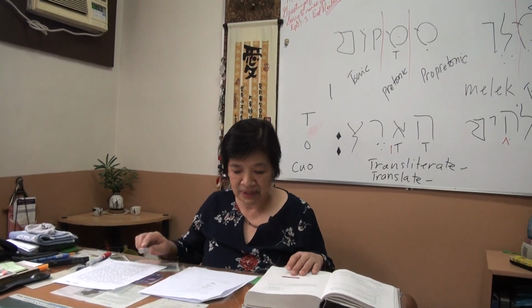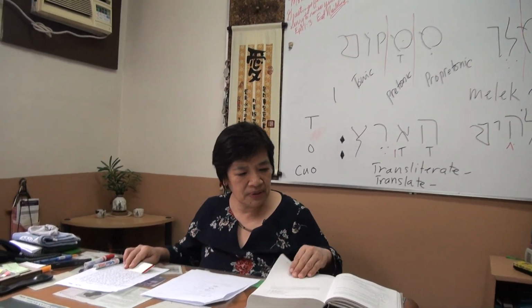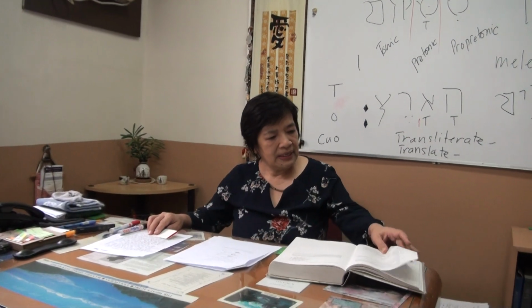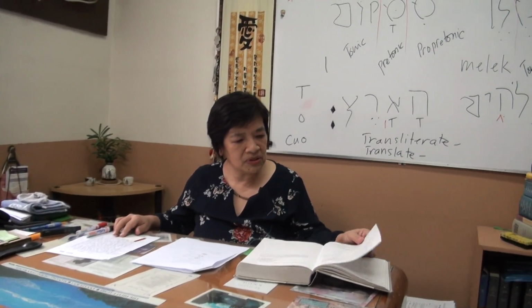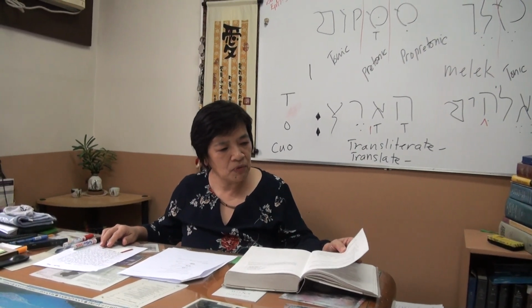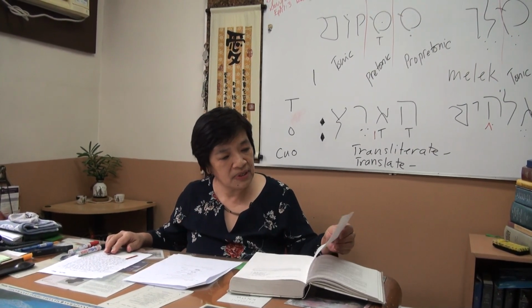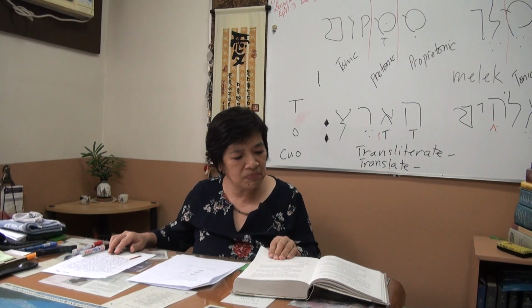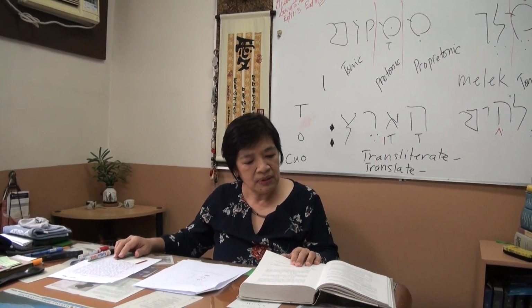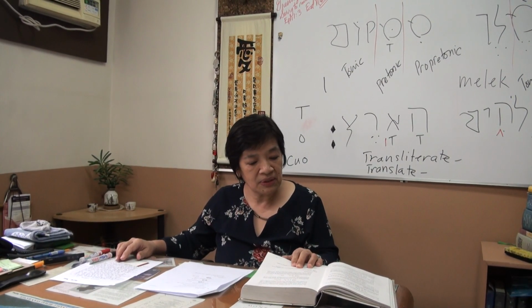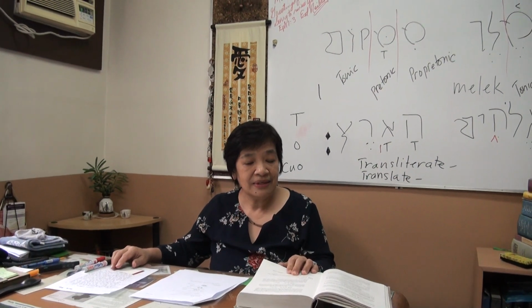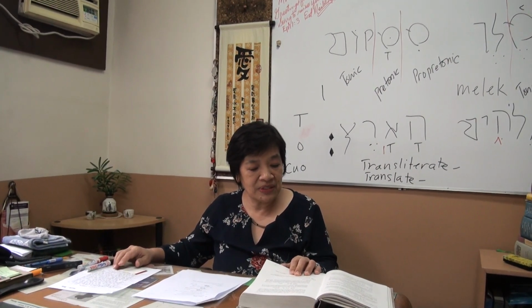That's for your assignment. And then in terms of your word vocabs, I decided that I will choose 5 words for every session. So for session 4, your words to memorize would be yashav, which means he dwelt or sat, and then natan, which means he gave.